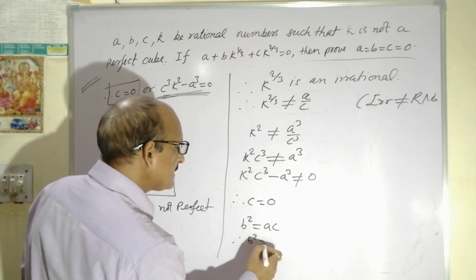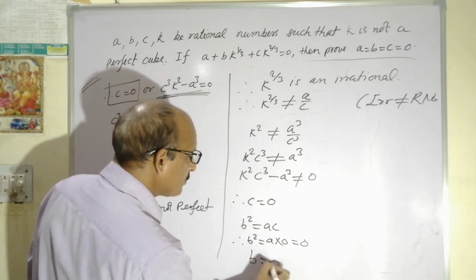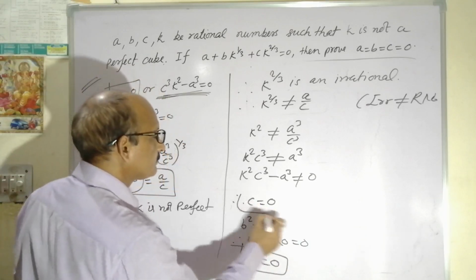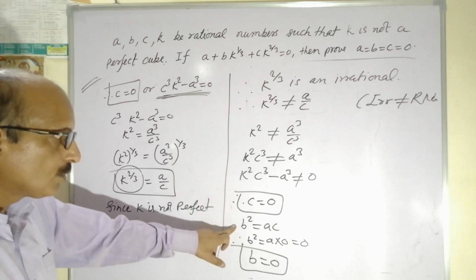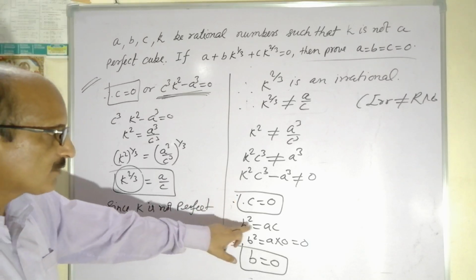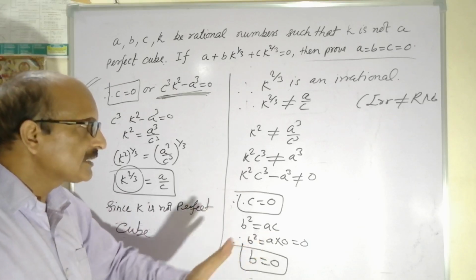Therefore b^2 is equal to a into 0, which is 0. So b is also equal to 0.